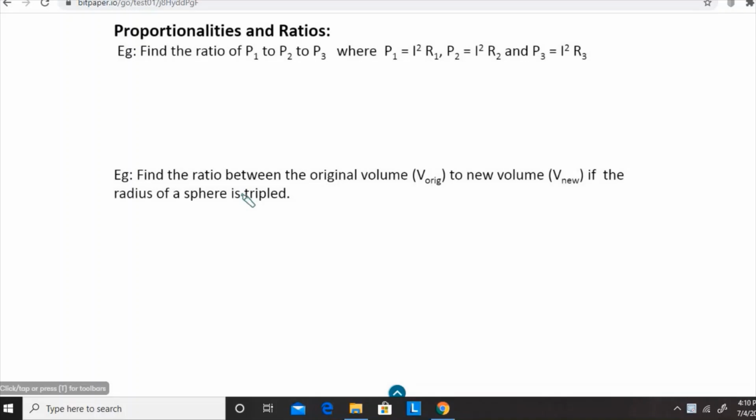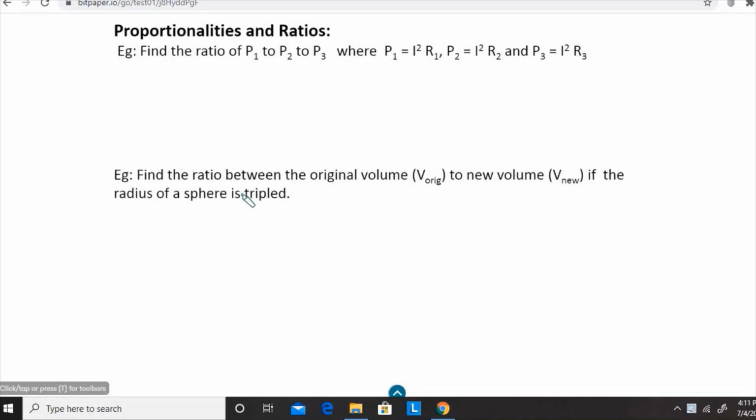So in the first example, you are supposed to find the ratio of P1 to P2 to P3, provided you are given P1 equals I squared R1, P2 equals I squared R2, and P3 equals I squared R3. You can see that I squared is common in all these three equations.